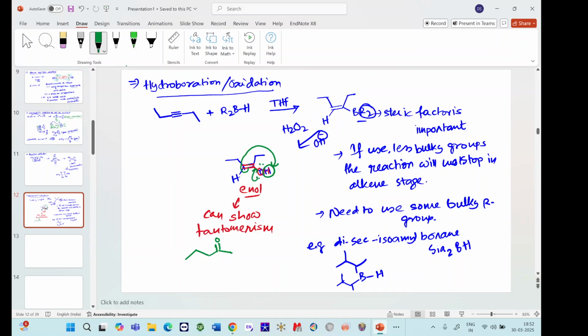So this is the keto form, and the keto form will be much more stable compared to enol. Okay, so this is one case where this hydroboration oxidation reaction with the alkyne actually forms the keto, not the enol form. So you have to keep in mind. Now let us move further.